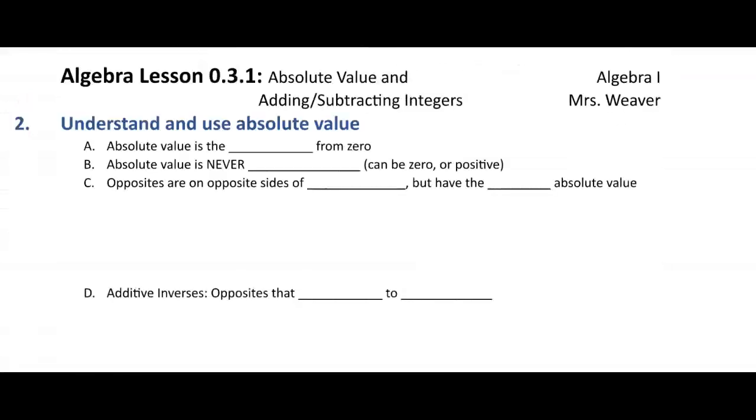We are going to pick up with absolute value, still in our 0.3.1 lesson. Absolute value is the distance from 0. That's all. So if I have a number line, and this is 0, if I'm at 1, 2, 3, my distance from 0 is 3.